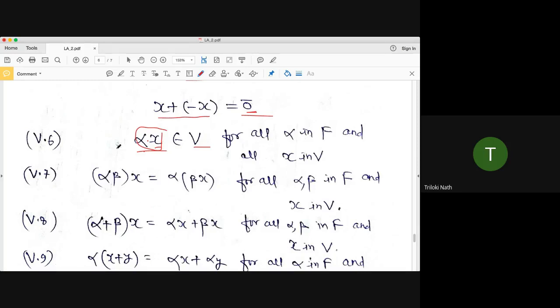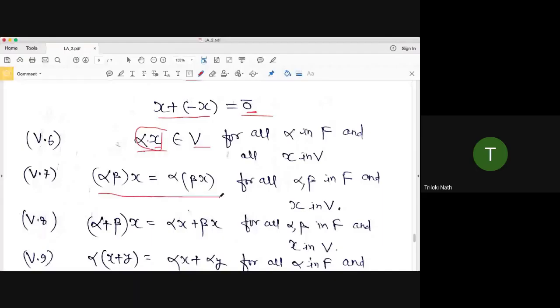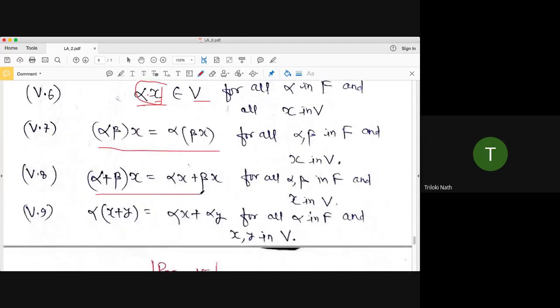The next property: multiplying alpha and beta together and then multiplying by x is the same as multiplying x by beta and then multiplying by alpha. This is an associative type rule. And this one is called the distributive rule. This is also a distributive rule.